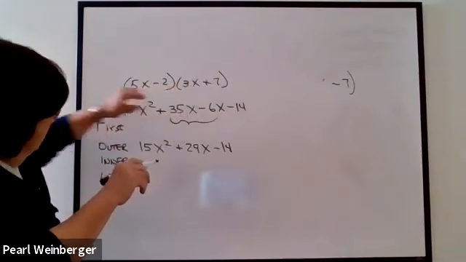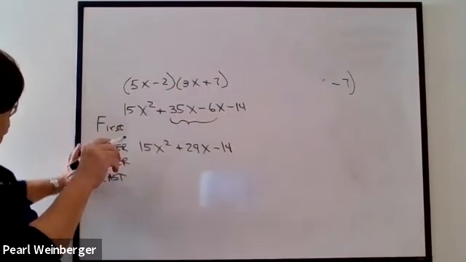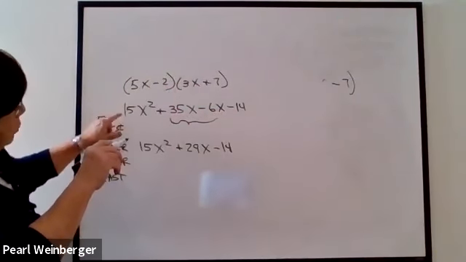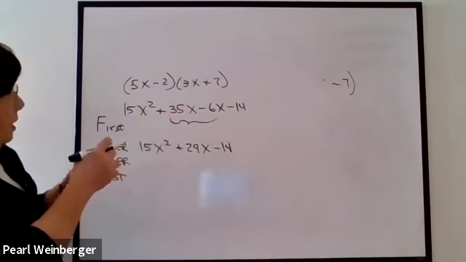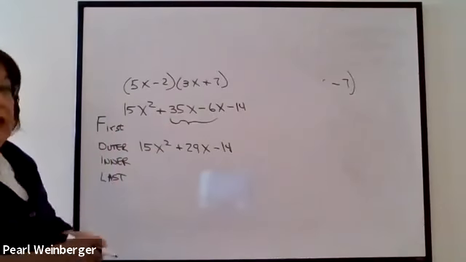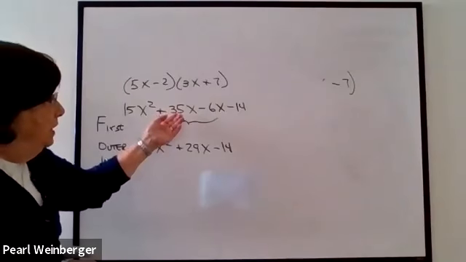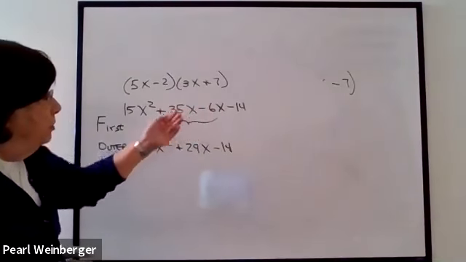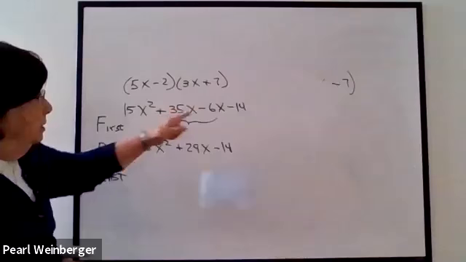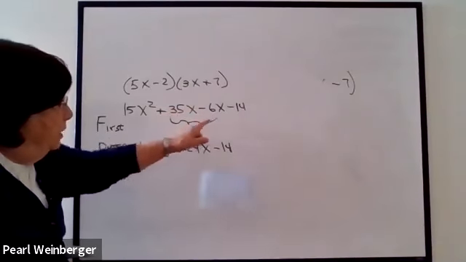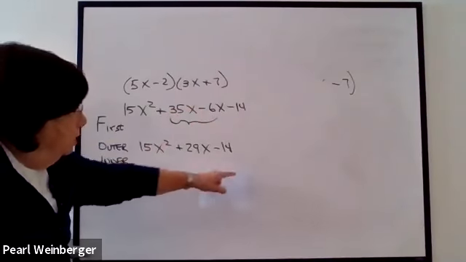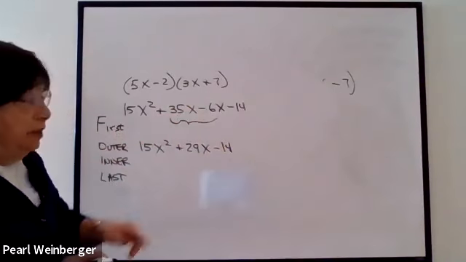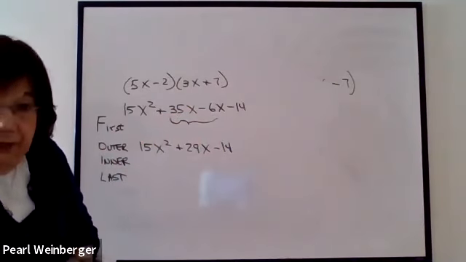So again, this is just telling us the four multiplications we're going to get. And again, I'd say 90% of the time, the inner and the outer are going to be like terms, and they're going to be able to be combined so that you end up with just 3 terms in your final answer, not 4.